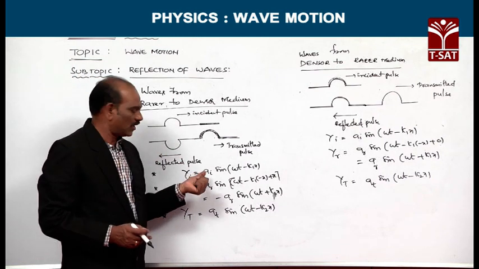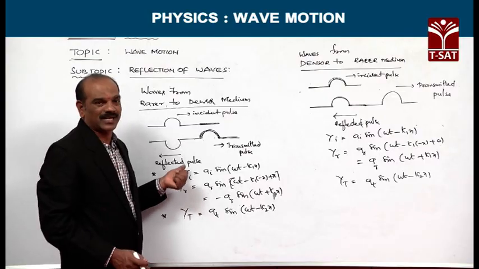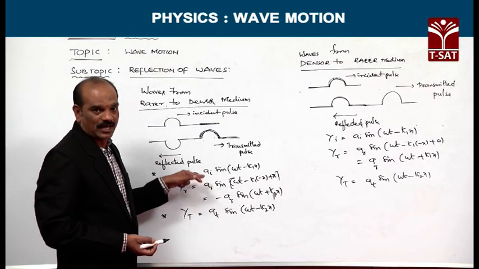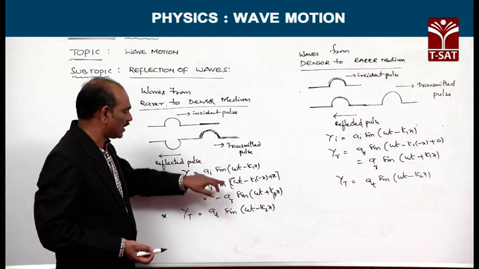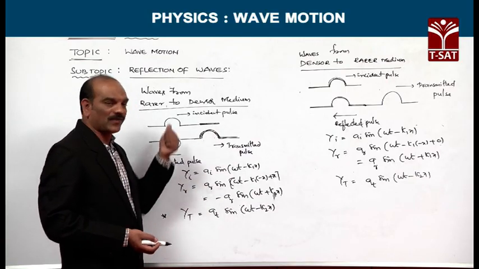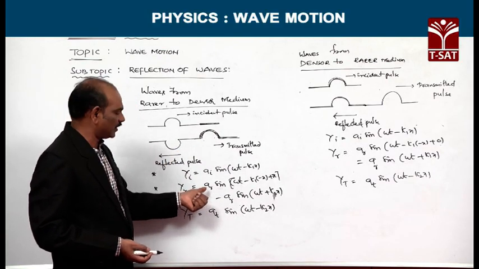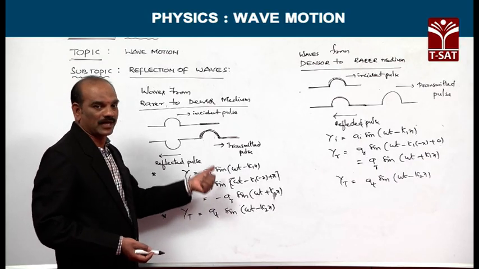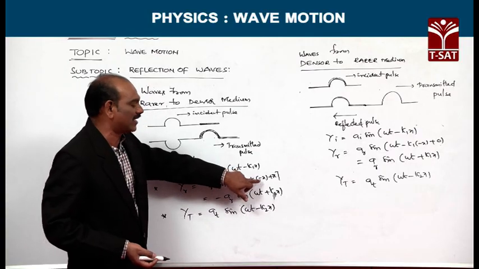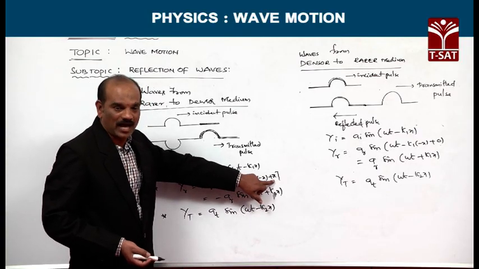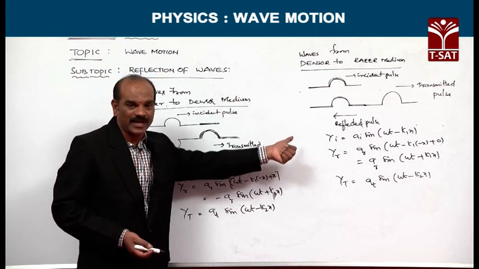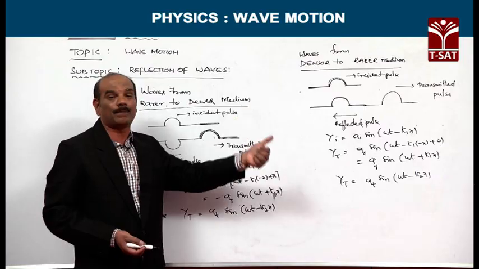We know the incident pulse displacement Yi is equivalent to Ai sin(omega t minus k1x), where Ai is the amplitude of the incident pulse. After reflection, Ar is the amplitude of the reflected pulse: Ar sin(omega t minus k1(minus x) plus pi), because as we discussed just now, when the reflection takes place from the fixed end, the phase change is equivalent to pi radians.